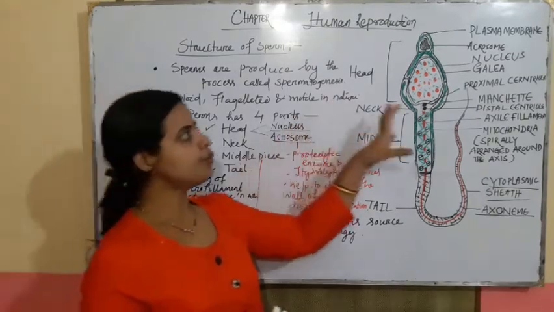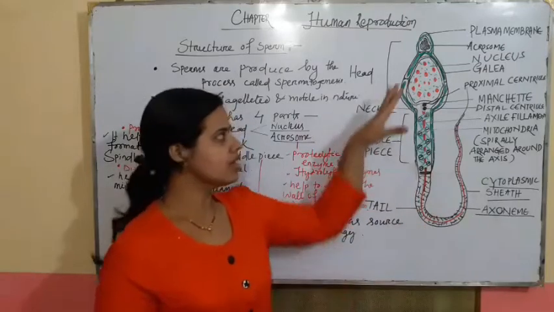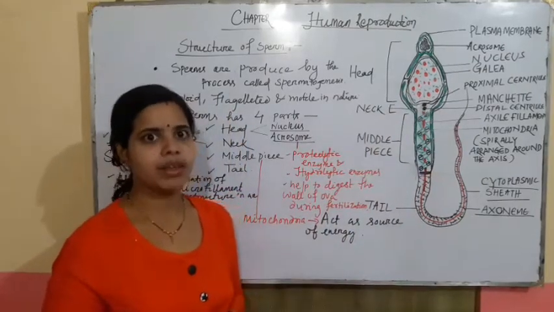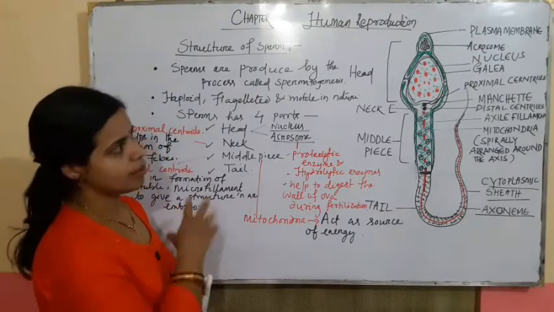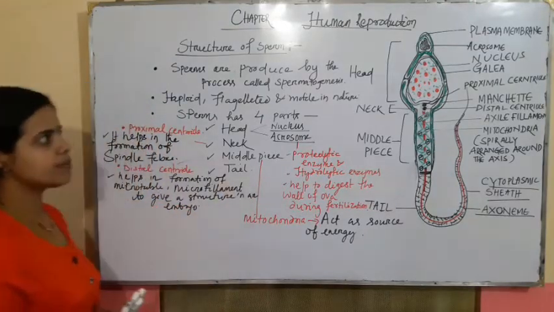So very few essential cytoplasmic organelles are present in the sperm, so that it can help in the formation of the zygote. This is all about the structure of the sperm.